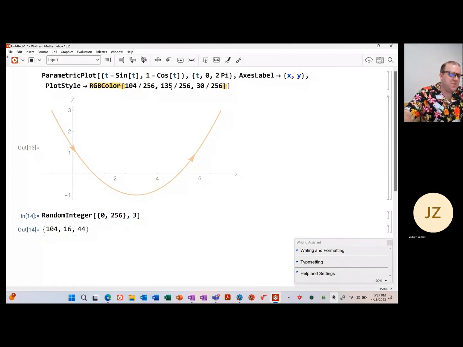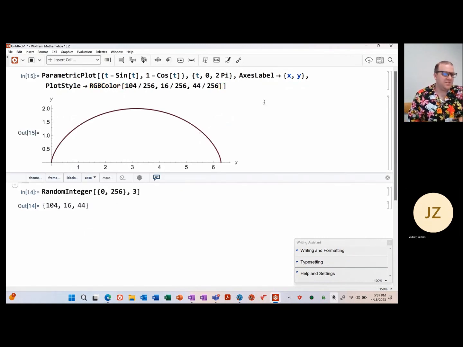This could be dangerous because I have no idea what colors are going to come out. That's half the fun. Looks like brownish. So that is 0 to 2 pi.